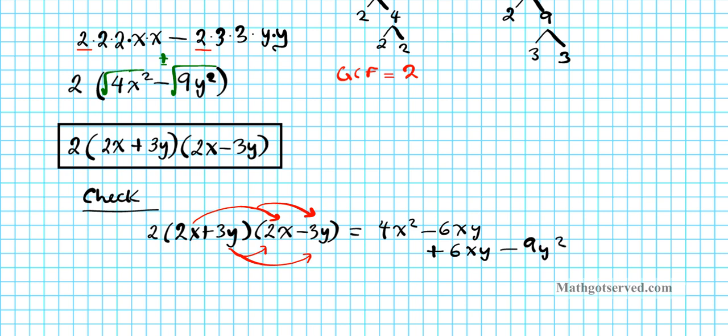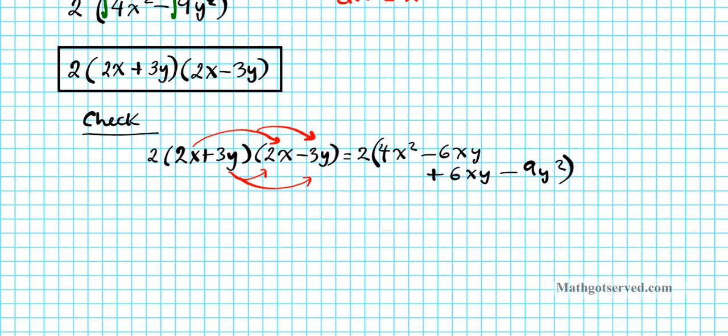Let's not forget we have a 2 on the outside, so let's put the 2 there, with parentheses. Alright, and then we just combine this and see what we get. So when we add it downwards, this 2 on the outside stays alone, so we have a 2. 4x squared. These two terms are opposite, so they add up to 0, minus 9y squared.